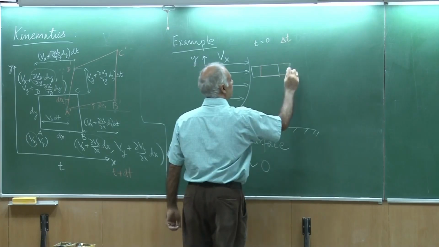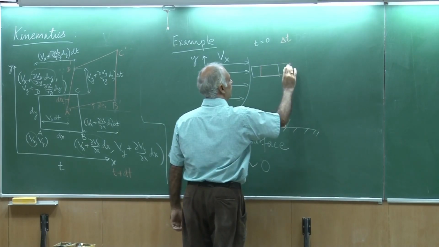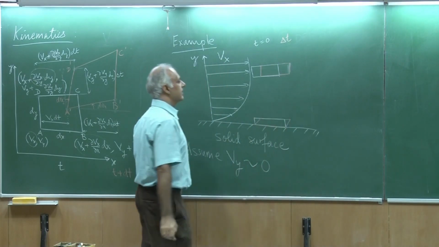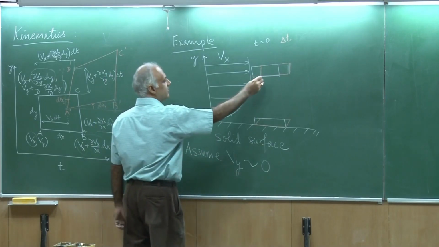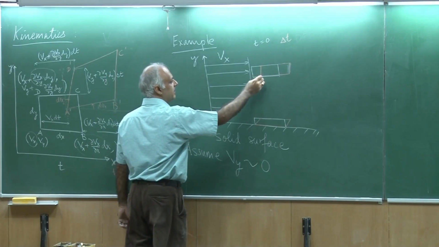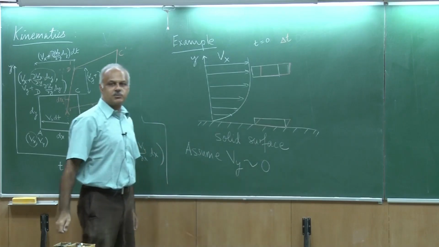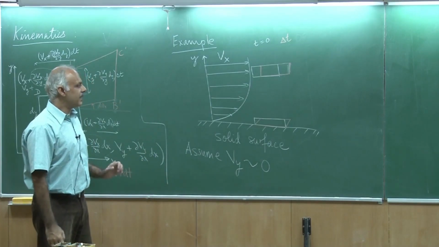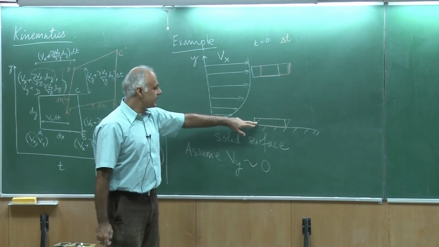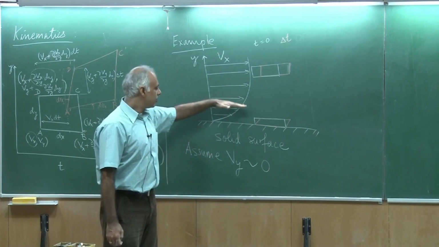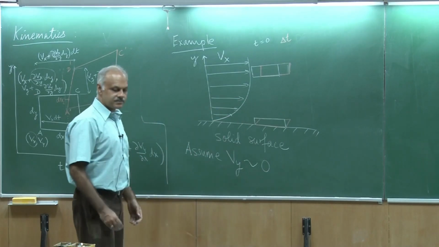In fact, they are identical. So I have assumed that there is very little difference between the Vx at this point versus this point. They are virtually the same, very minor difference, but there is a very big difference at the lower part of the boundary layer.